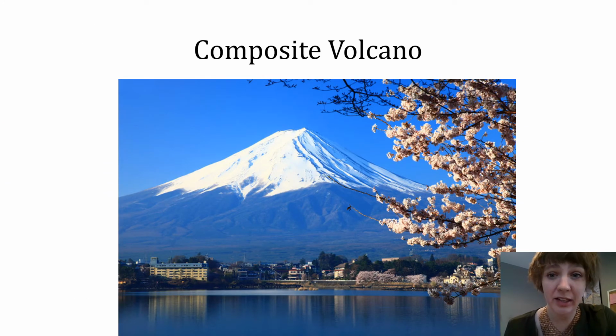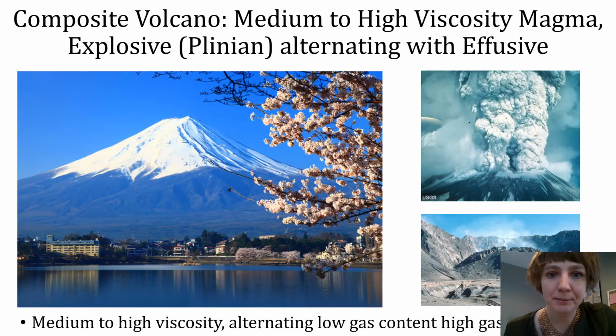Composite cones, on the other hand, large, beautiful cone-shaped volcanoes, have much steeper slopes because they are constructed from medium to high viscosity magmas. They build up by successive Plinian eruptions followed by lava eruptions.